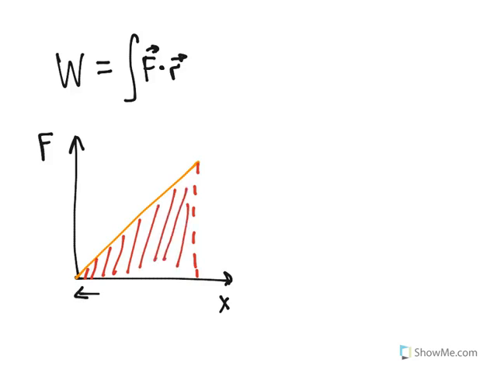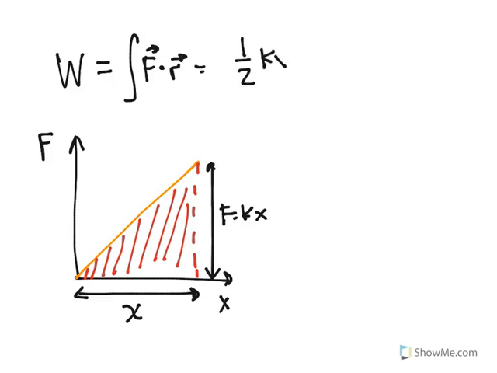Given this is a triangle of base x, which is the deflection or displacement, and the height force, which is equal to kx, this is going to be given as 1/2 of kx squared.